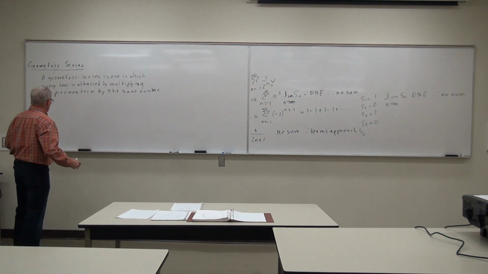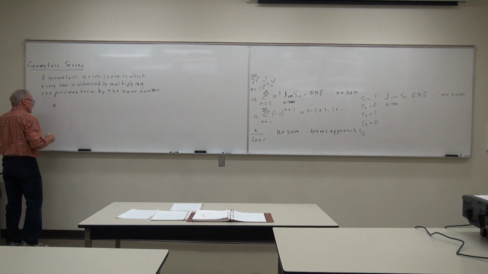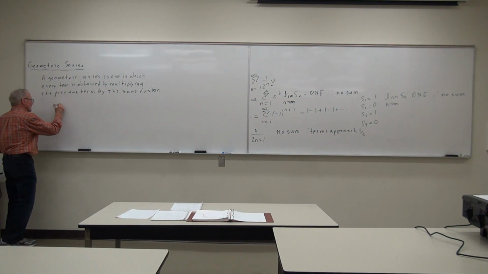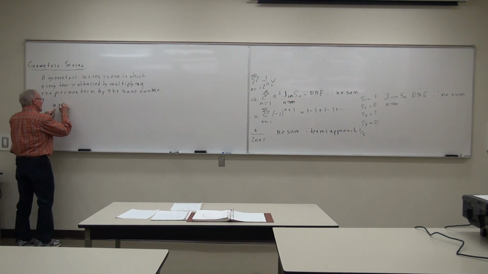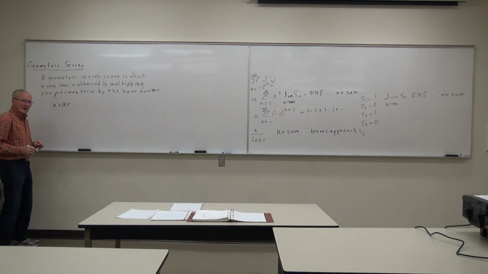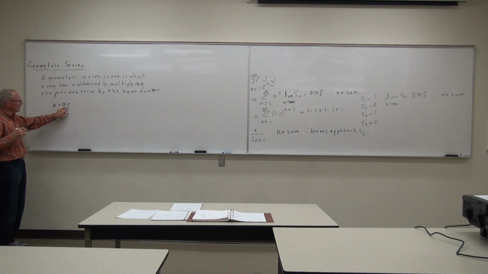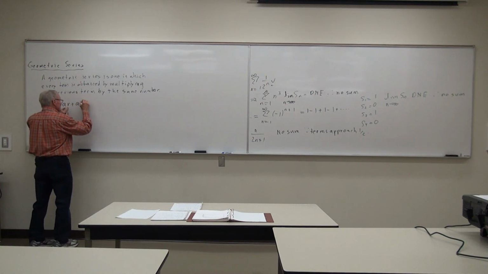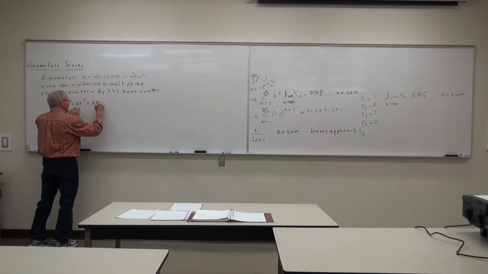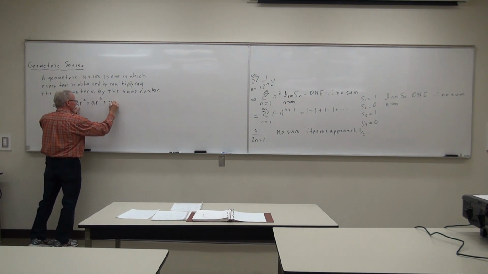So what you've got is a first term A, and then the next term is obtained by multiplying this by something, let me call it R. Then the next term is obtained by multiplying this one by that same R, so it will be AR squared. The next one will be AR cubed. And on and on and on it goes.